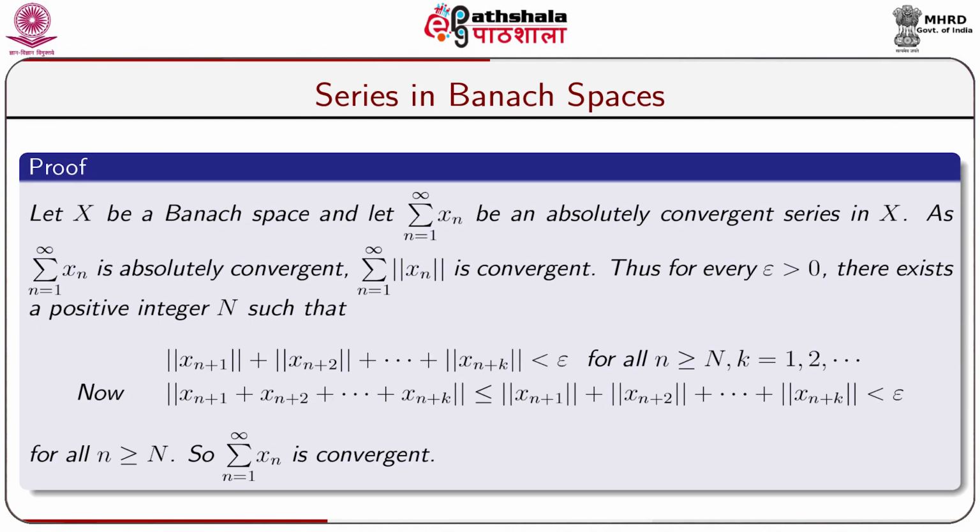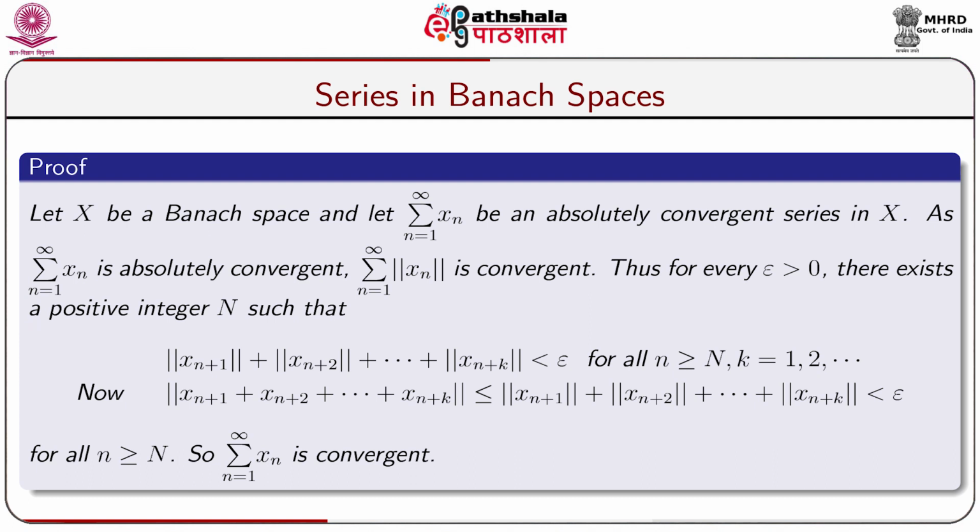The proof goes below. Let capital X be a Banach space and let sigma n equal to 1 to infinity xn be an absolutely convergent series in X. As sigma n equal to 1 to infinity xn is absolutely convergent, by definition sigma n equal to 1 to infinity norm of xn is convergent.